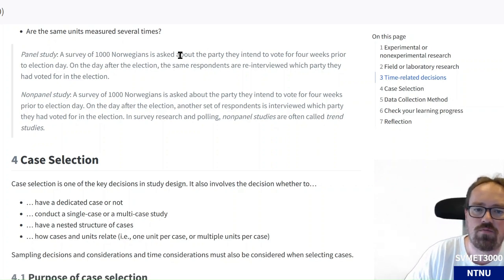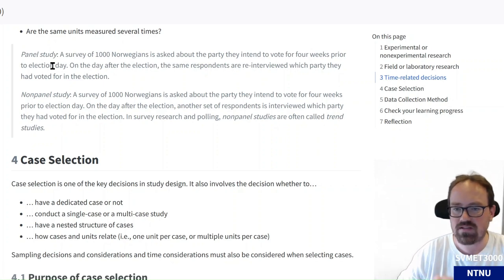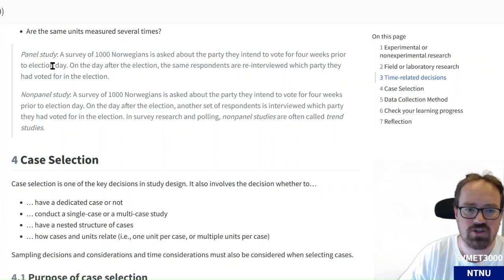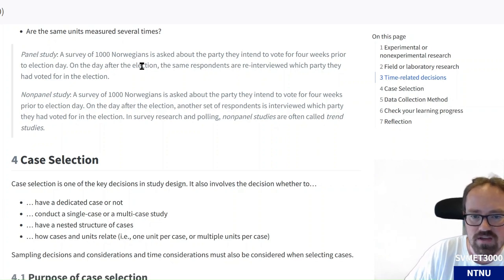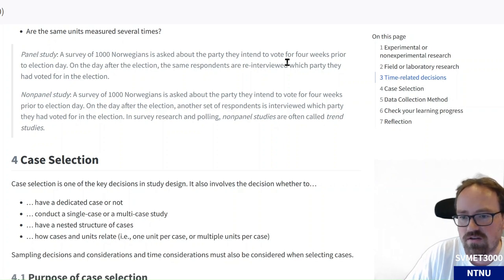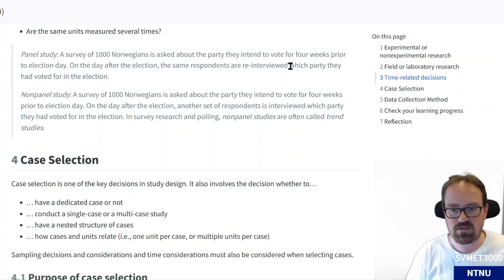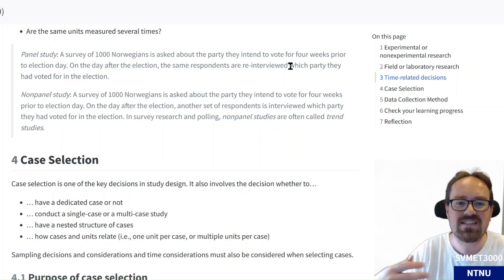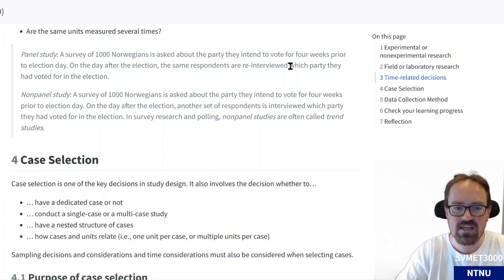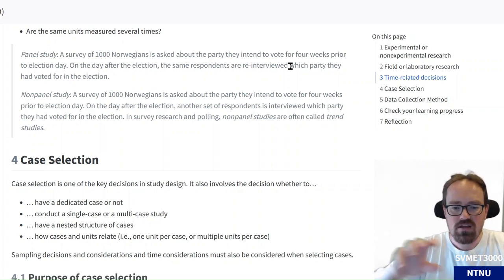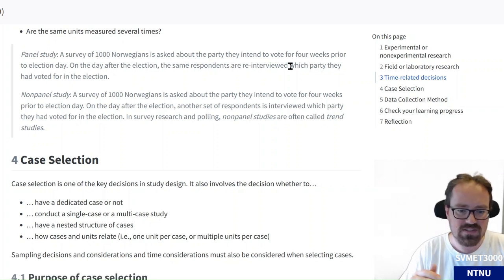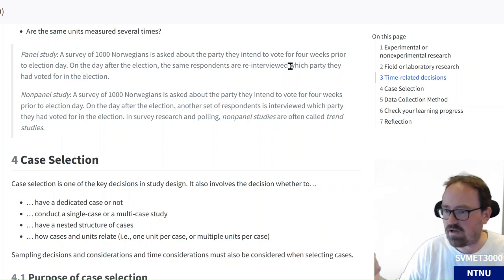Imagine a survey of 1,000 Norwegians and they are being asked about the party they intend to vote for 4 weeks prior to election day. So that's our first measurement, 4 weeks before election day. On the day after the election, the same respondents are re-interviewed about which party they actually had voted for in the election. So that's the second time they are surveyed, and it's the same 1,000 persons, and we can see thereby, by coupling each individual to their 2 responses, how that individual has changed or not changed their decision and analyze why.